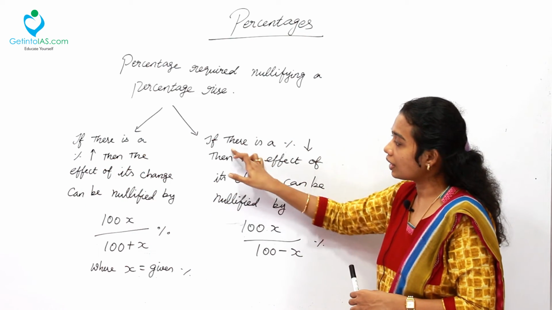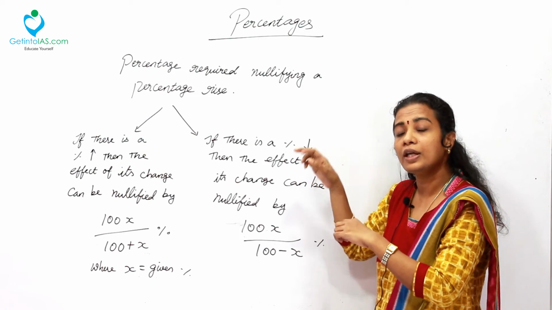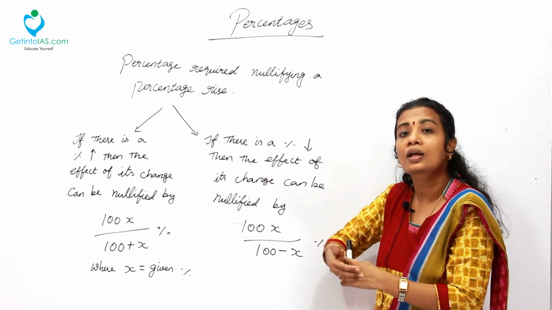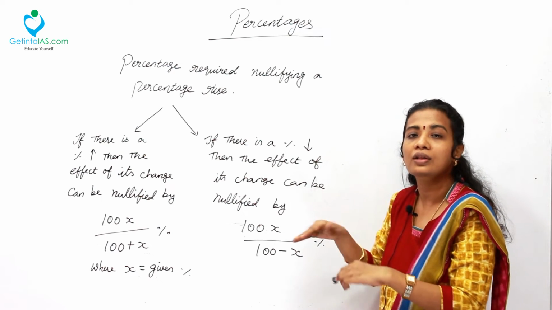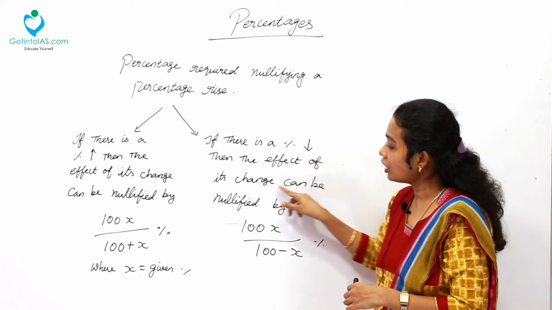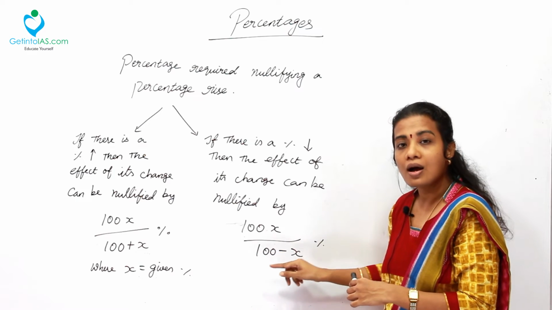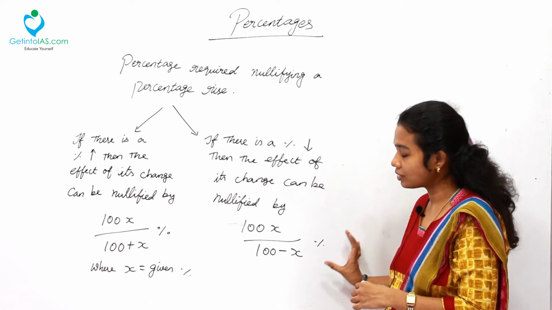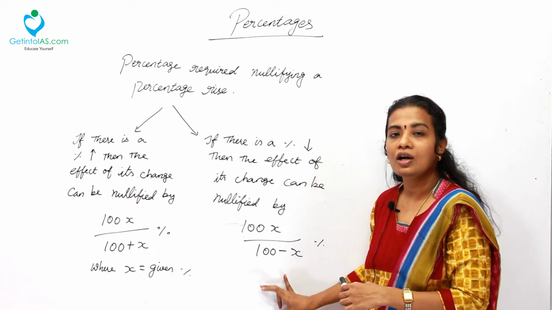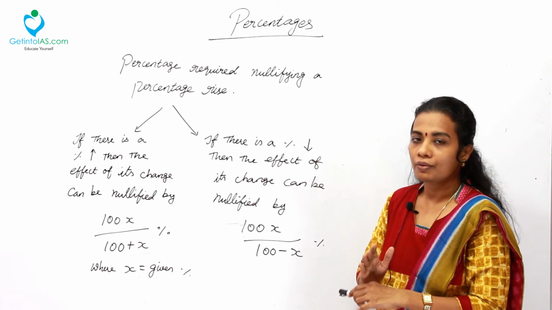The second type is if there is a percentage decrease, sometimes they will be giving the decrease and they will be expecting you to find the increasing percentage to nullify the decreased one. In such a case, the effect of its change can be nullified by 100x by 100 minus x percentage, that's all. You need to remember these two formulas to nullify any increase or decrease, right?